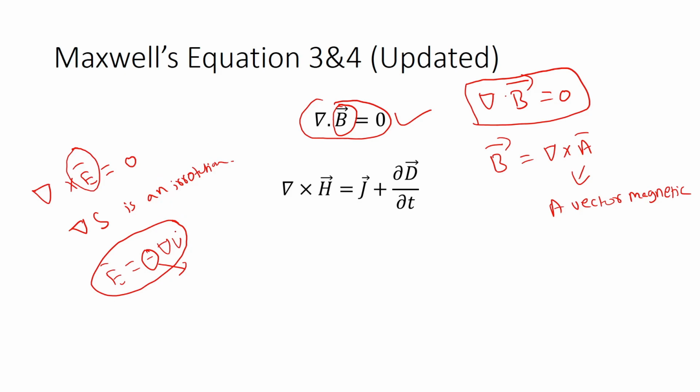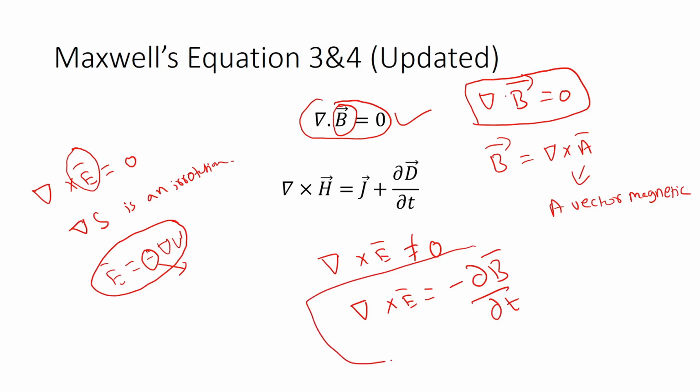So having said that, we have already seen that for time varying fields, ∇×Ē is not equal to 0. Instead, ∇×Ē is equal to minus ∂B̄/∂t.